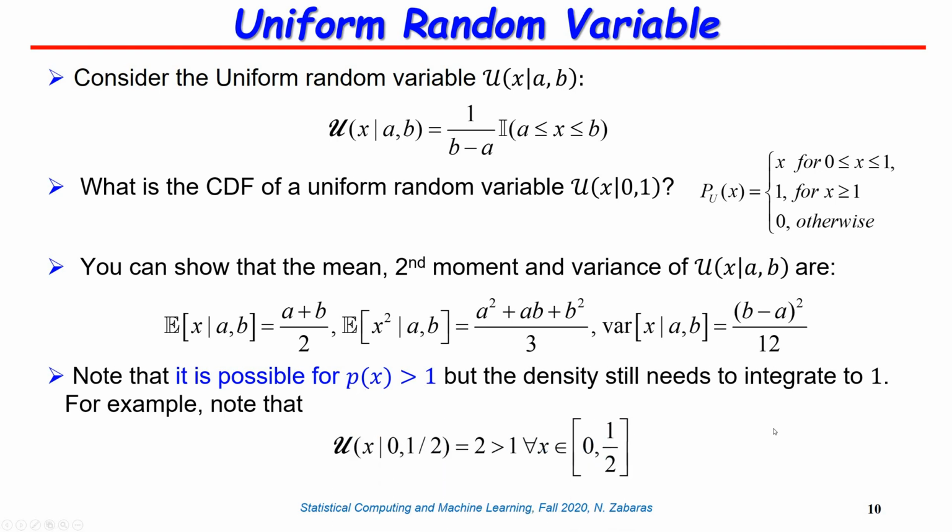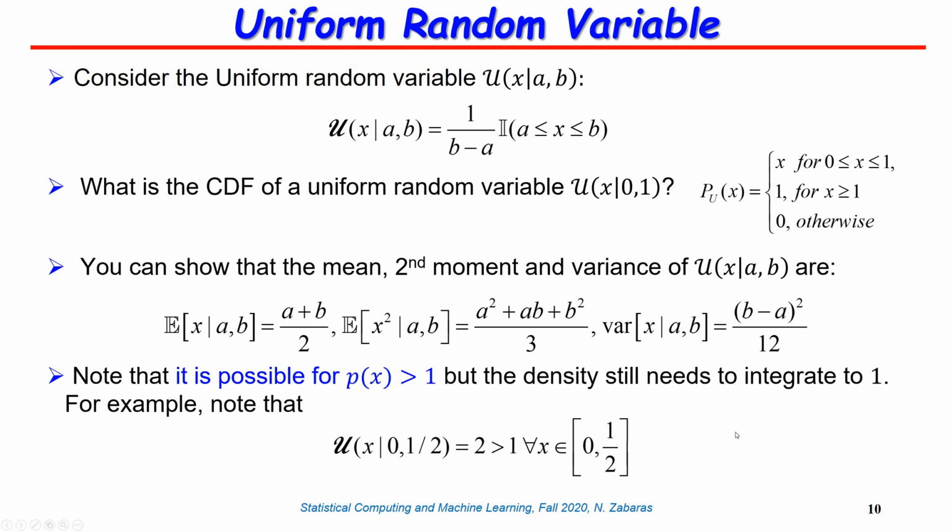I'm giving you here a simple trivial example with a uniform distribution from 0 to 1/2. You notice the density is equal to 2, all right? Because when you integrate 2 over the interval from 0 to 1/2, you get 2 times 1/2, which is 1. So you notice that the density can be greater than 1.